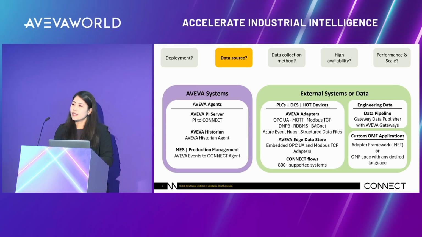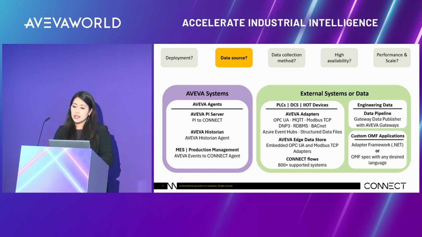If you're trying to collect real-time data from PLCs, DCS, IoT devices, any other field assets that you have available, you have an option to use AVEVA Adapters, AVEVA Edge Data Store, and Connect Flows, depending on what your business needs are. They offer either out-of-the-box or low-code options for setting up connections to the data sources. And you can easily send that data to Connect.